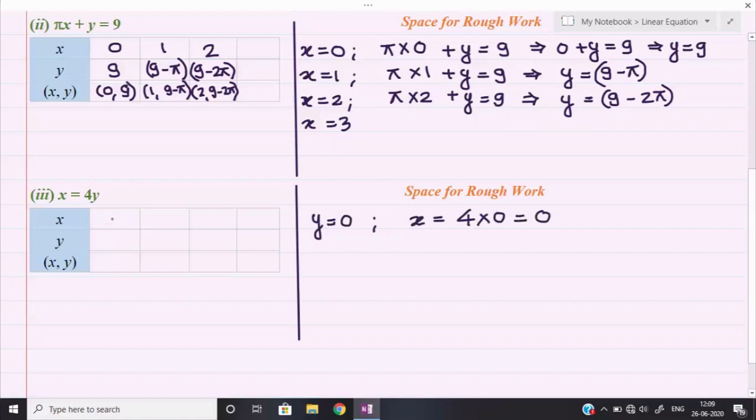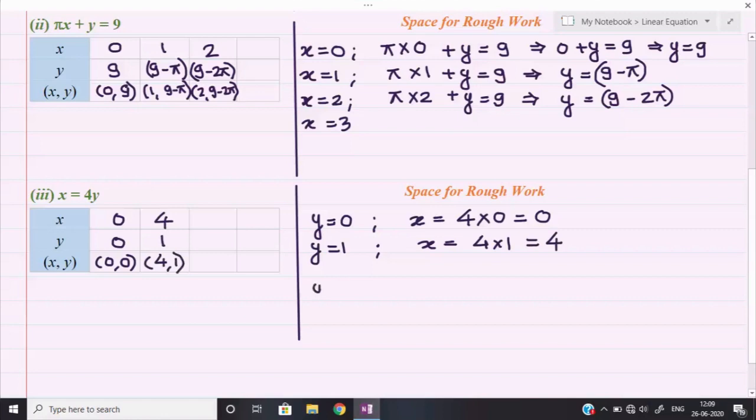So the first solution is x equal to 0 and y is also 0. So the solution will be (0, 0). If I take y is equal to 1, what can be the value of x here? x will be equal to 4 into 1, so it becomes 4. So the value of x is 4 when the value of y is 1, and your solution is (4, 1).